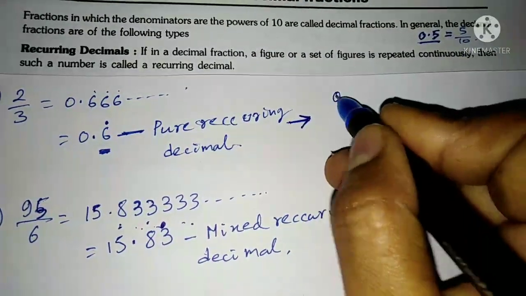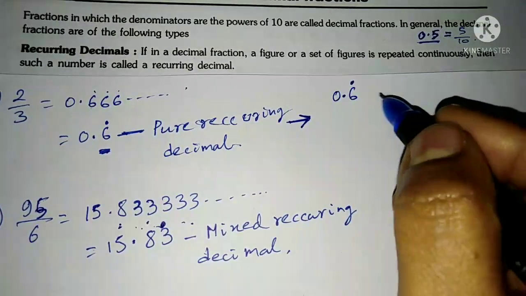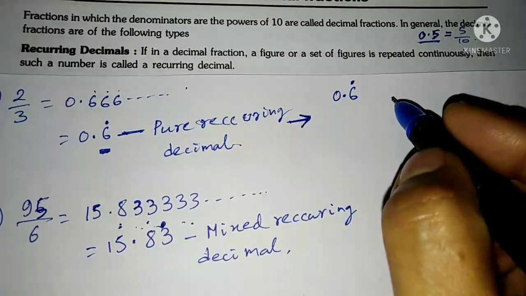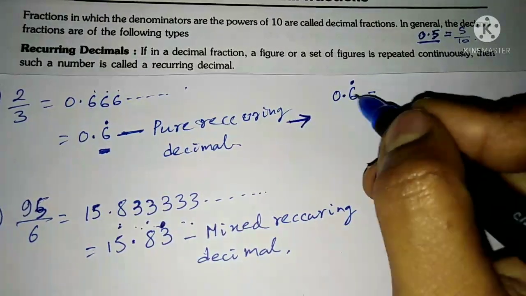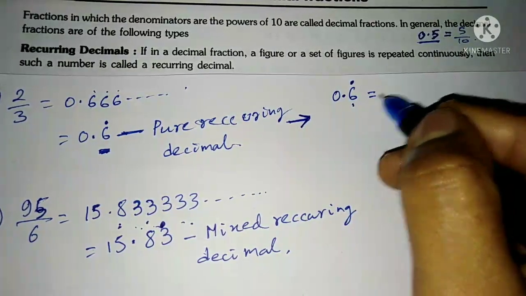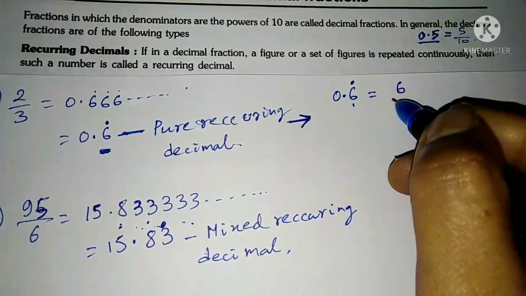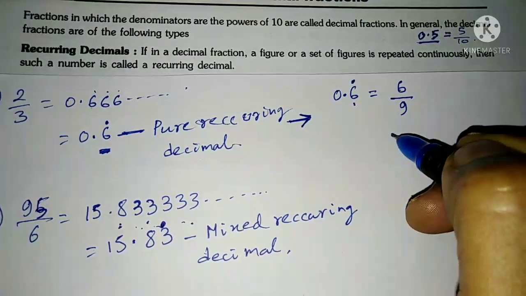So if there is a number 0.6 recurring, this is a recurring decimal, we have to convert it into a fractional number. So what we will have to do, we will write the digit which is repeating continuously in the numerator, and we will divide it by 9.